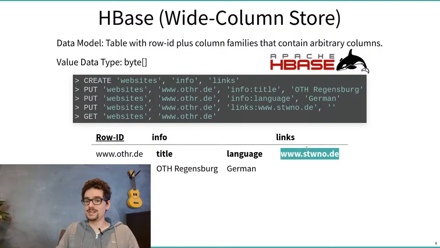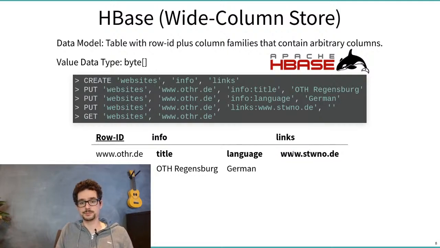The set of links is stored in the columns that have the column name of the link. Why not? This is possible. We are very flexible here. We can then iterate over this set of columns to get all the links. We can count them and so on.